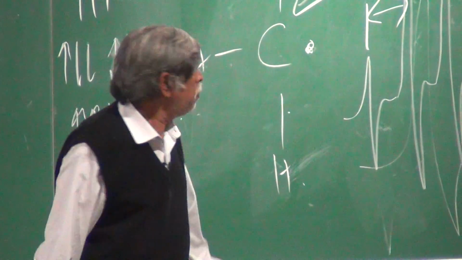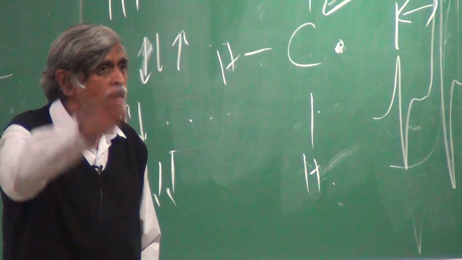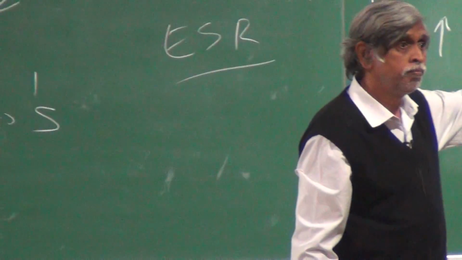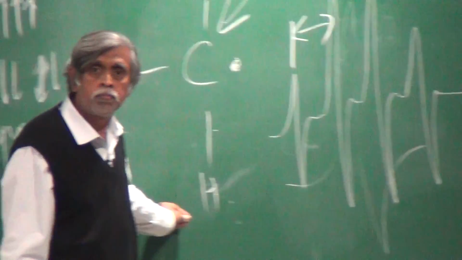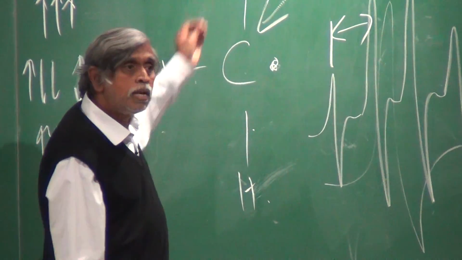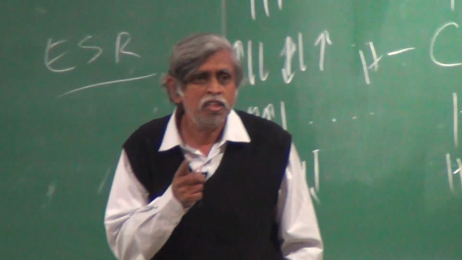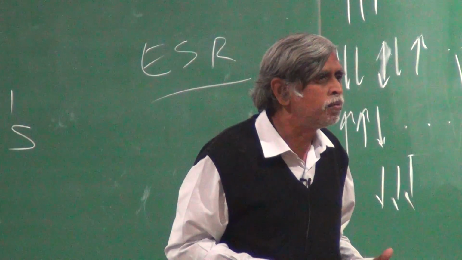So in other words, the coupling that I see in ESR is a measure of how much time the electron is spending on the nucleus which is coupling it. Stronger the coupling, more time it spends on these protons. Less the coupling, the less time it spends. So you can see ESR is giving me very powerful information on what is happening to that one electron. Where is it spending its time?